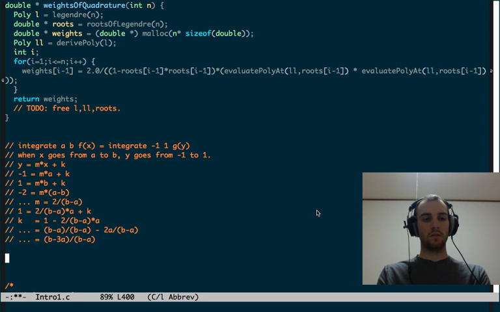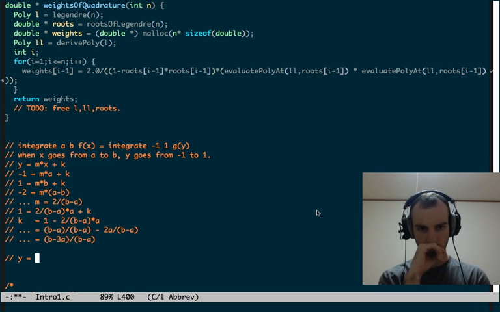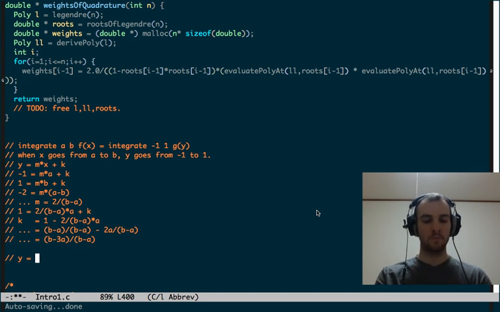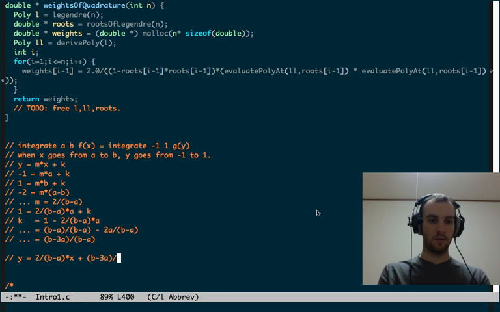Okay, so final equation, y equals two over b minus a times x plus b minus 3a over b minus a.